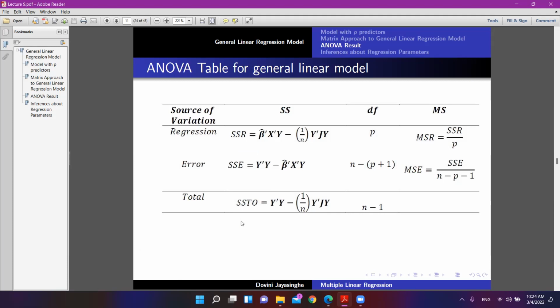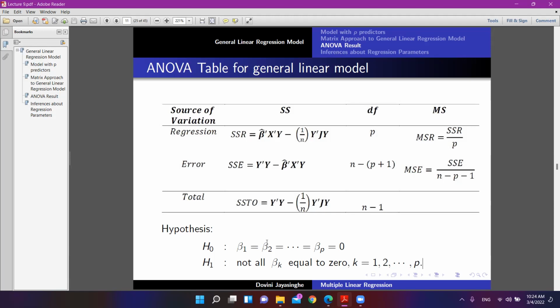I'll tell you that. So here the hypothesis is going to be changed. Earlier we had beta 1 equal to 0 versus beta 1 not equal to 0 because we had only one x variable. So to see whether the model is significant or not, we had to see whether beta 1 is going to be 0 or not. That's all we had.